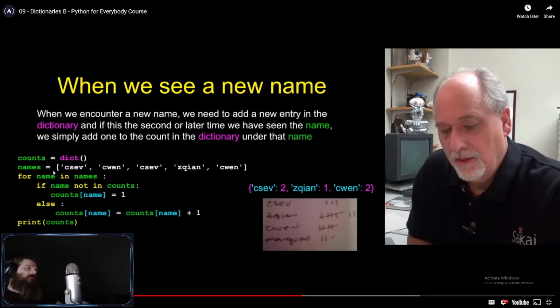I can do for loops and if elses, but these, I'm trying to remember. So we have a dictionary called counts.